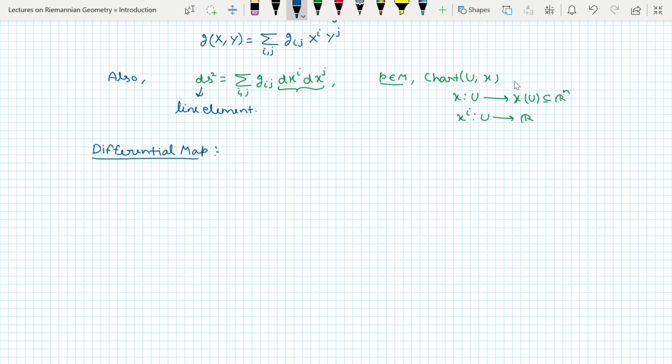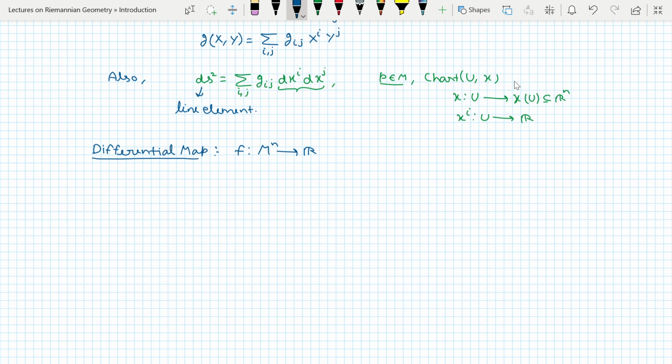But right now I'm concerned with functions which go from U to R. So let's say you have the function f from the smooth manifold M of dimension n. This n is not a power, it just represents the dimension of the given manifold. So I will take this function f from the manifold to R.